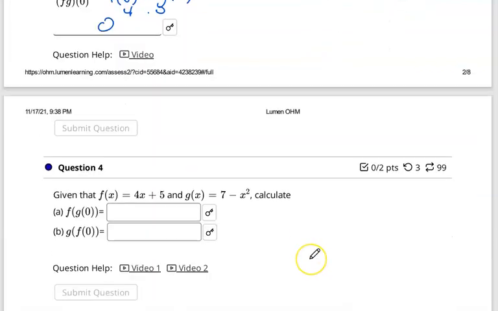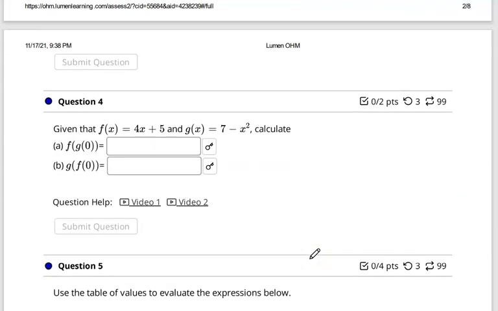Now, let's do this one here. What do we need to do? Calculate f of g of 0. Well, since 0 is an easy one to calculate usually, let's just find what g of 0 is. G of 0 is equal to, well, when I put a 0 in for x, I get 7.